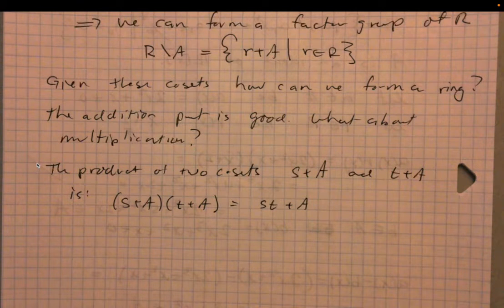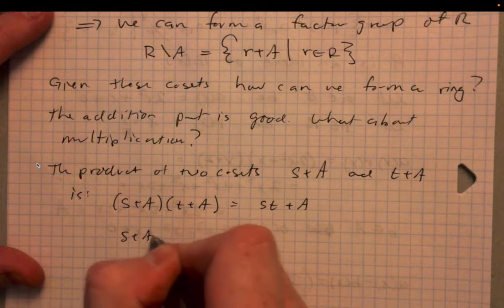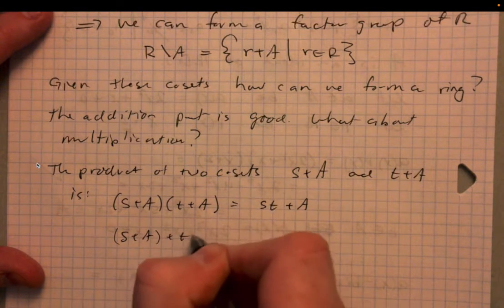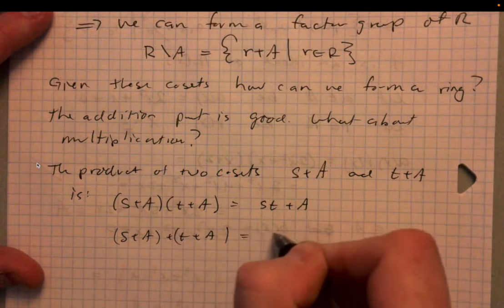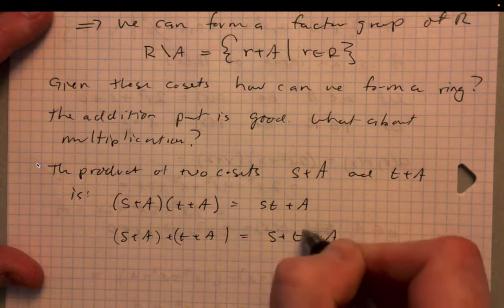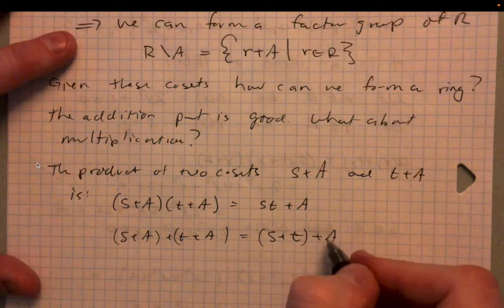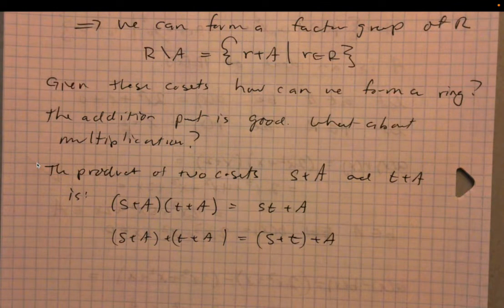This is the multiplication of two cosets, the operation that we use for multiplying two cosets. Now remember when we added, we said that was S plus T plus A. Here's the multiplication that goes with that.